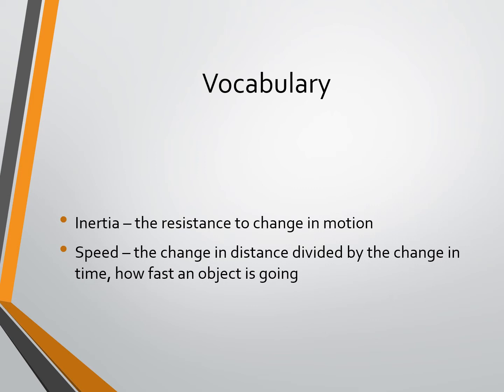Now, speed is something we're going to talk about again in our next lecture, but speed is the change in distance divided by the change in time. How we think about it in our day-to-day lives is just how fast the object is going. When you're taking a walk, slowly strolling around, you have a certain speed. When you're in your car, all of you are good students, I firmly believe that, you're going the speed limit.